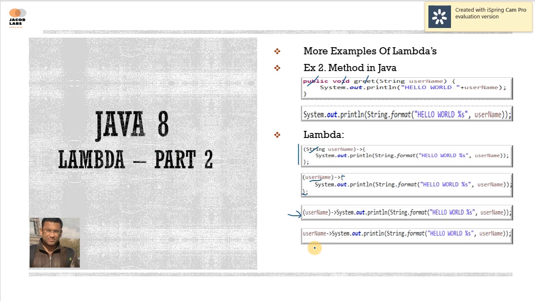If it's 0 or more than 1, this rule doesn't apply. It's only specific to a single argument. So after applying rules 1, 2 and 3, our lambda is transformed into this. So the lambda that we started with initially is transformed to a less verbose form, which is this.